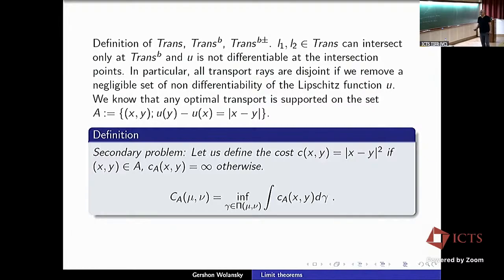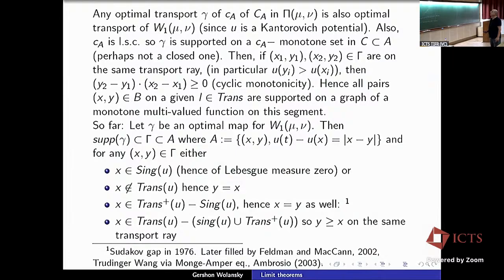And this is the one we are looking for. And we hope to prove that this is given by a graph of a mapping. So that's what I said: the optimal transport for c_A is also optimal for W1.